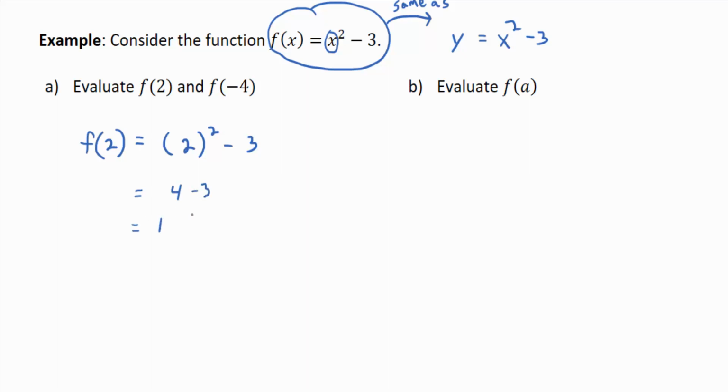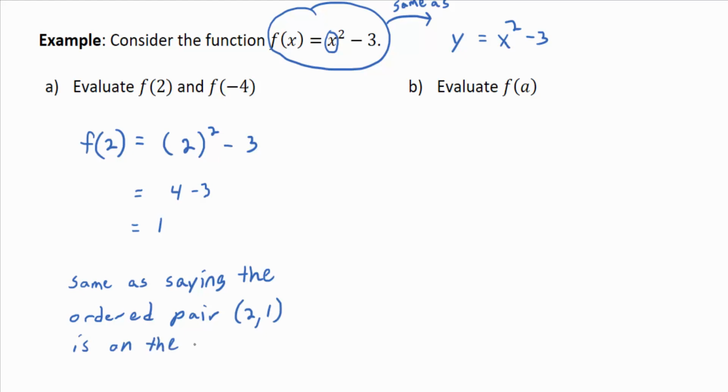This is the same thing as saying the ordered pair (2, 1) is on the graph of the function that we called f, okay?